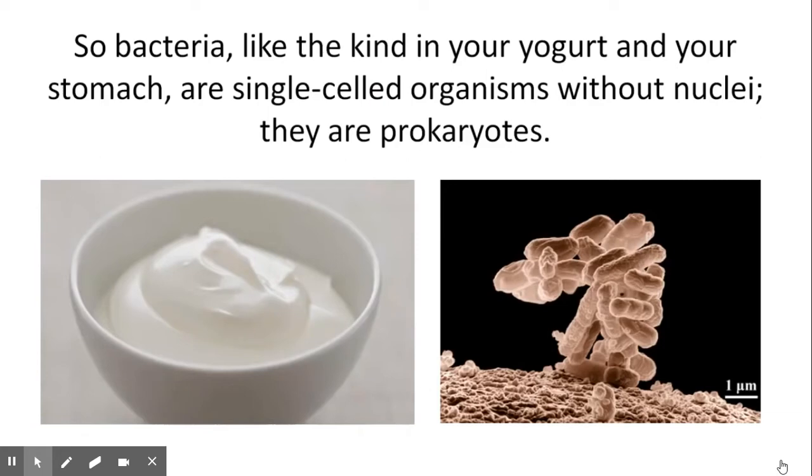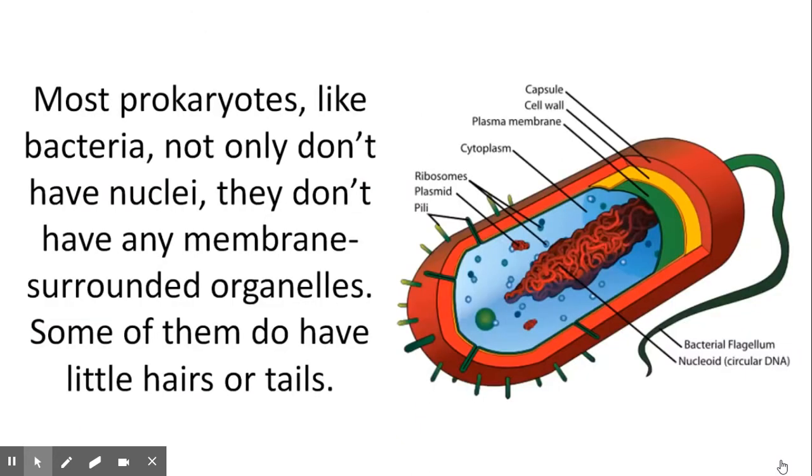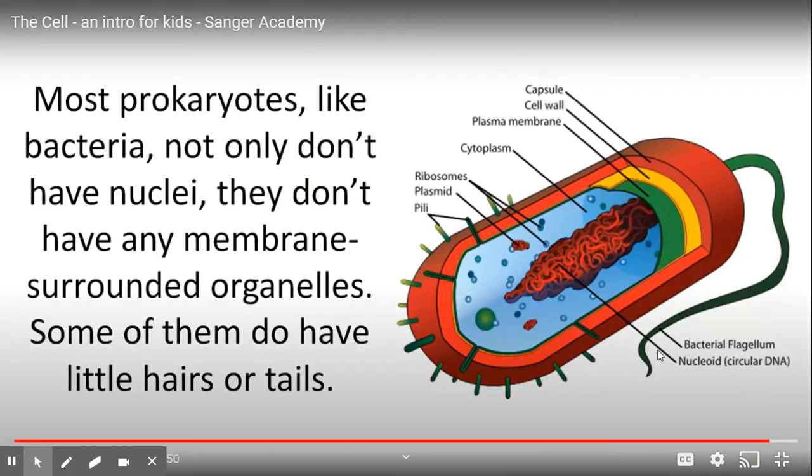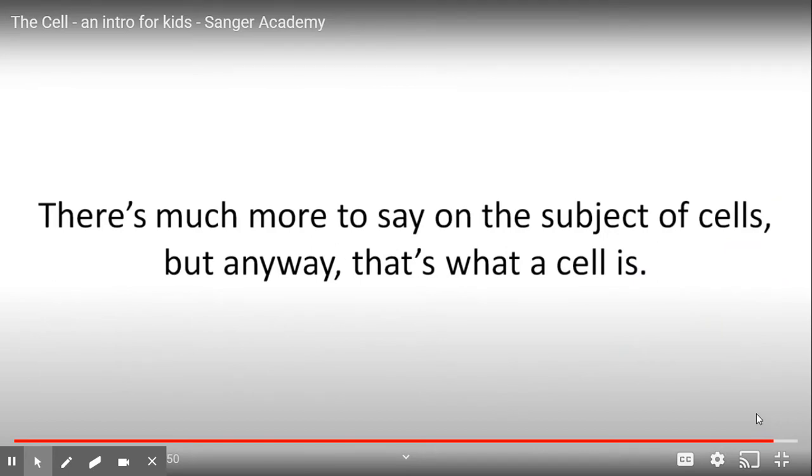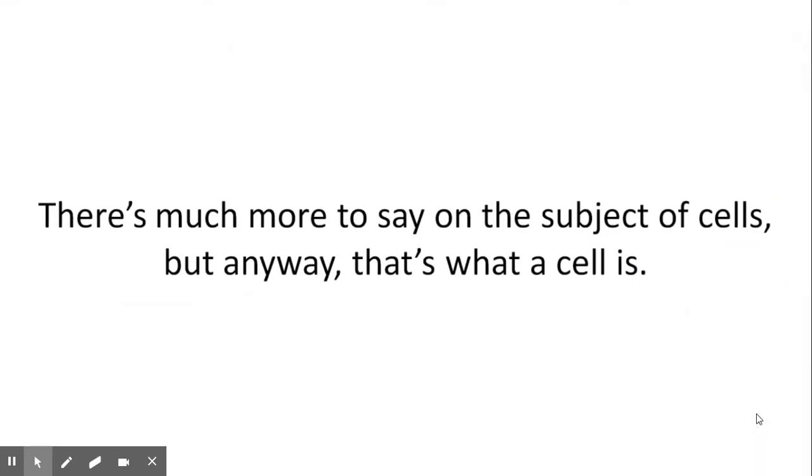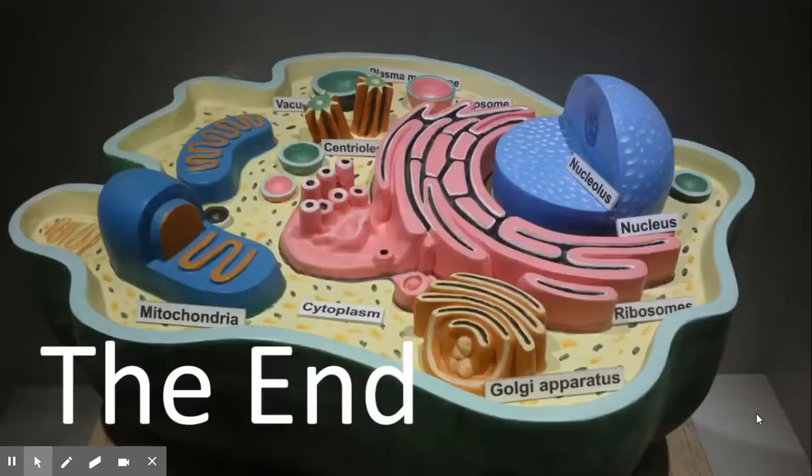They are prokaryotes. Most prokaryotes, like bacteria, not only don't have nuclei, they don't have any membrane-surrounded organelles. Some of them do have little hairs or tails. There's much more to say on the subject of cells, but anyway, that's what a cell is. The end.